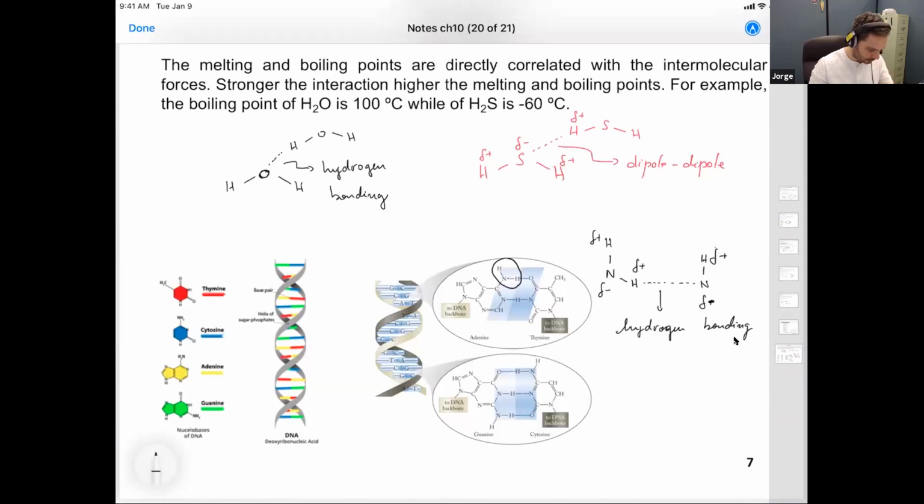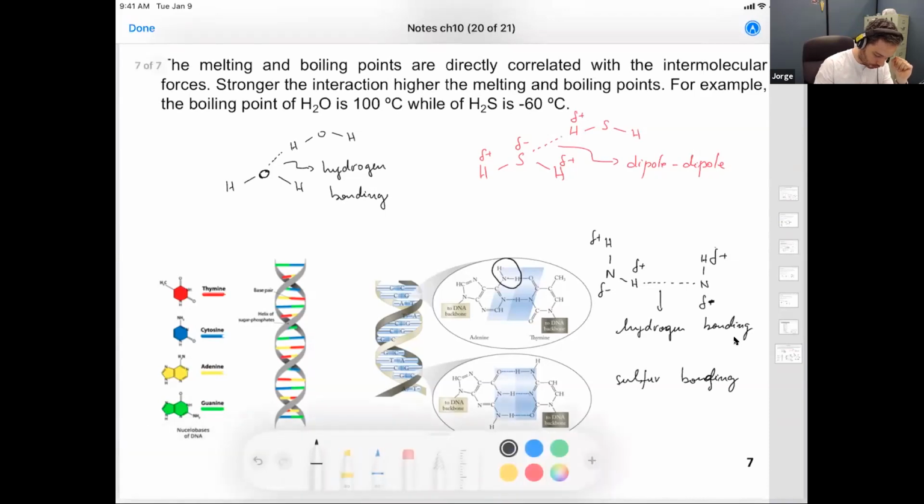Okay, I didn't put it here, but especially in biological systems, there is another kind of interaction called sulfur bonding, or also called sulfur bridge.